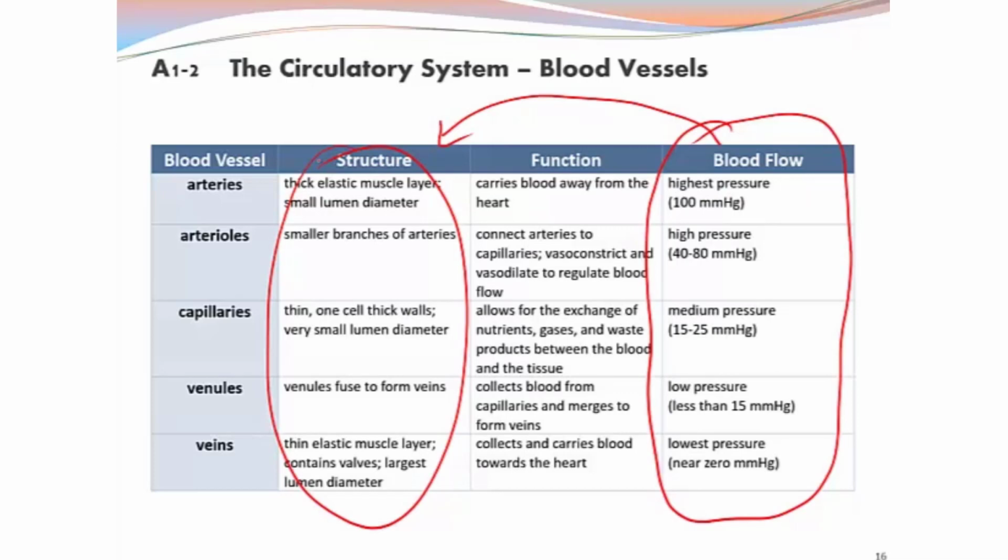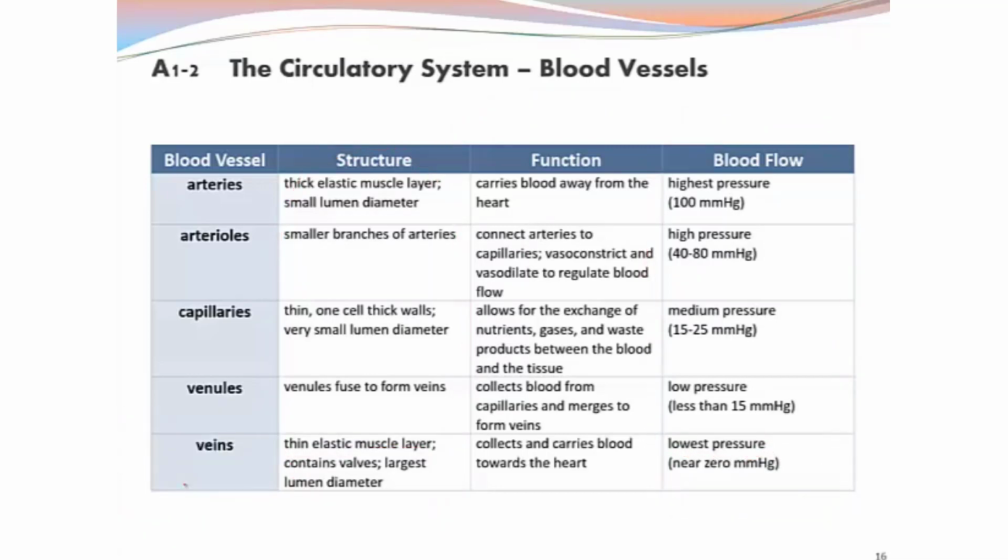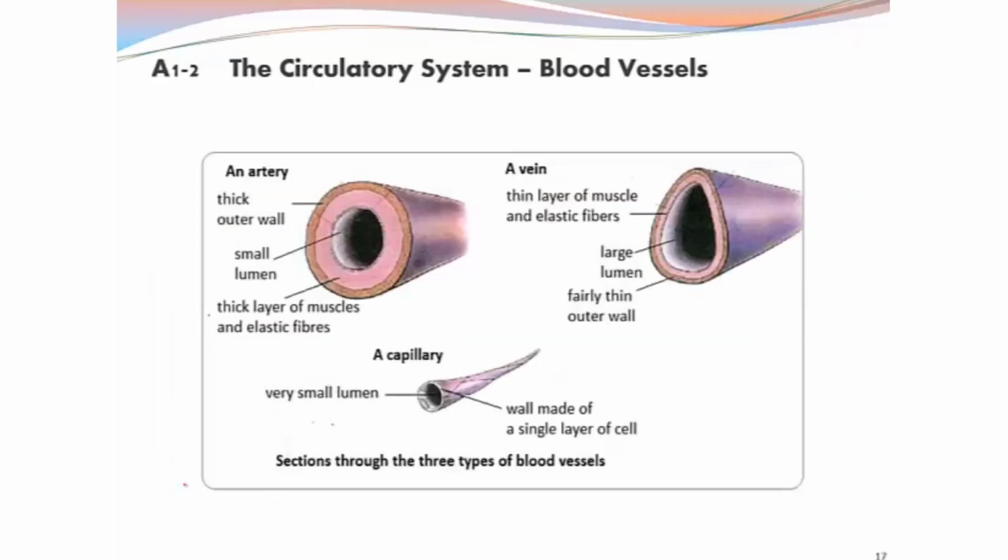It explains why veins have a thin elastic muscle layer. It's thin because that's where we see the lowest pressure. So please be familiar with this chart. Take this opportunity to read it and digest all that information. It's very important to know these different components of blood vessels, their structure, their function, and the blood flow regarding pressure within each of those blood vessels.